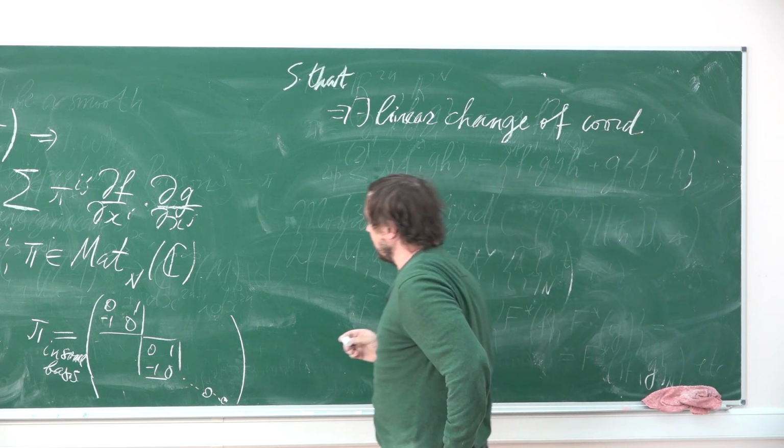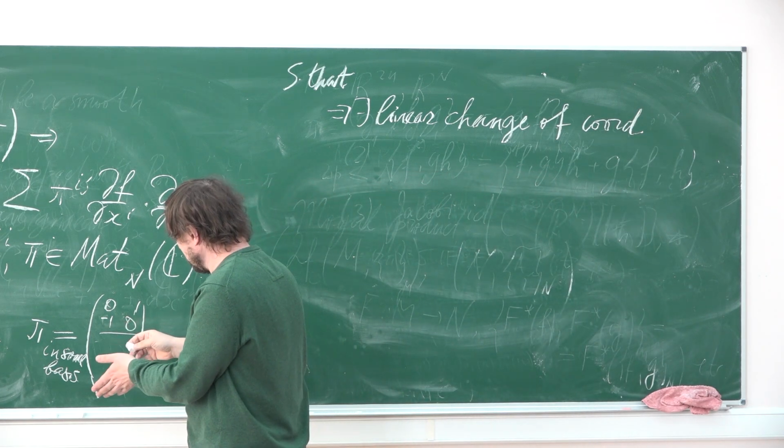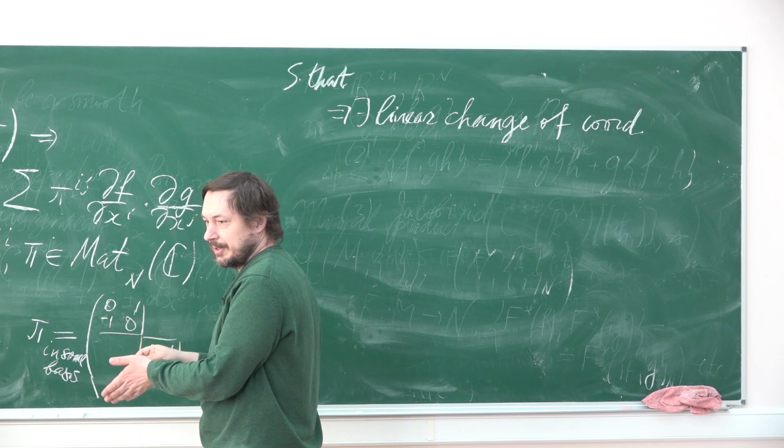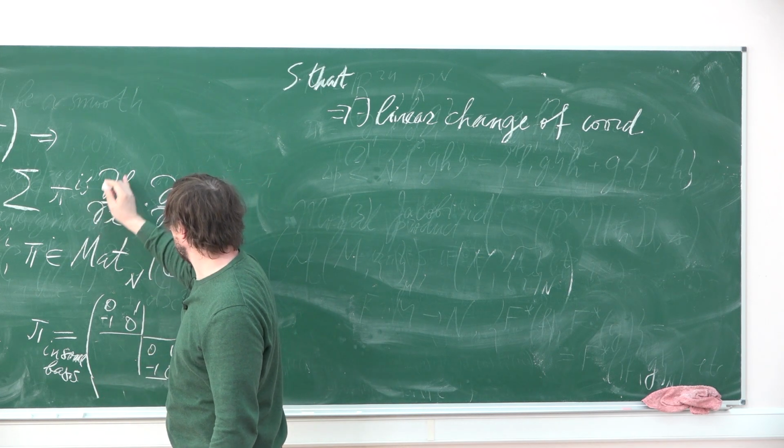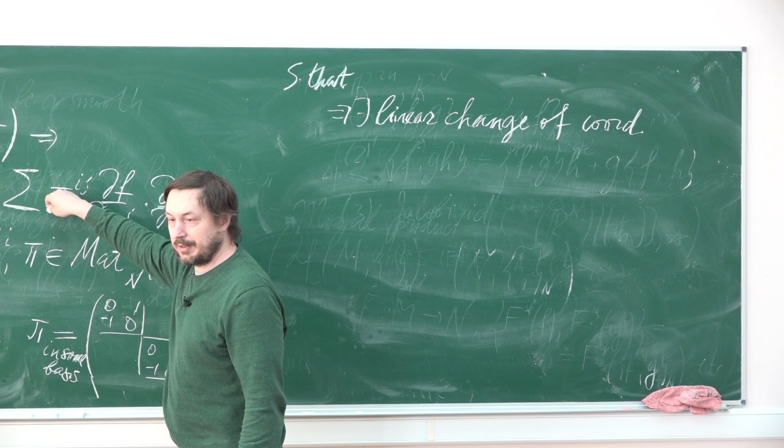You see, since this is a linear change of coordinates with respect to some constant matrix, these constant coefficients emerge from the partial derivatives and interact with pi^{ij}.